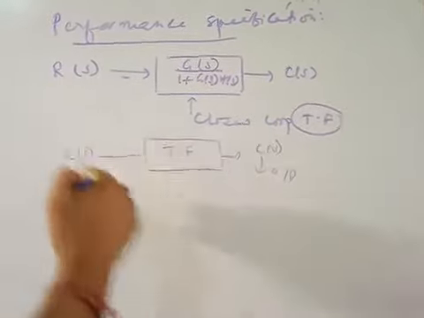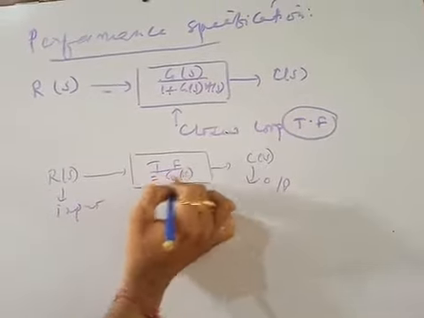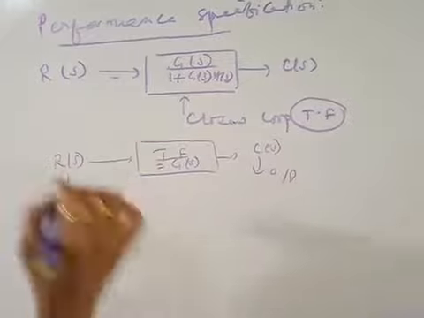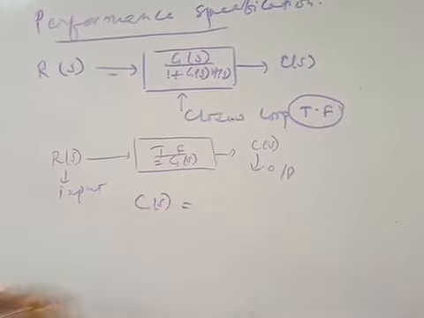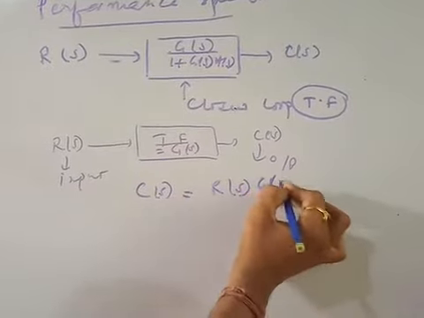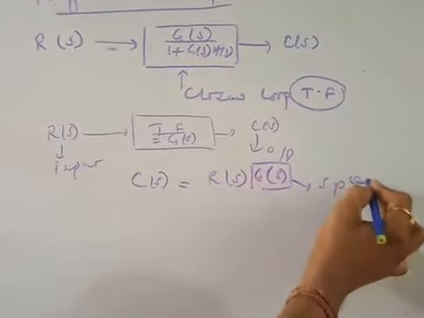If you simply replace it by G(s), then C(s) will be equal to R(s) into G(s). That means this is your system and this is your input.